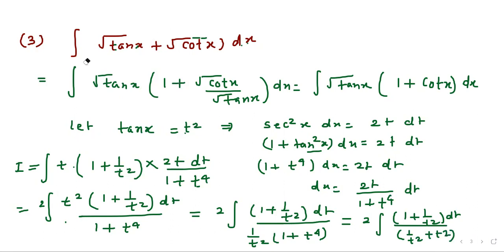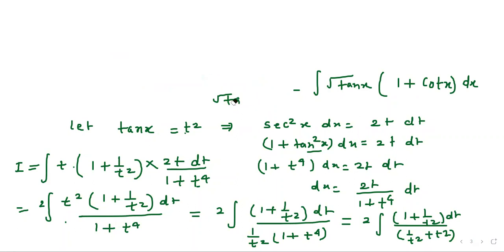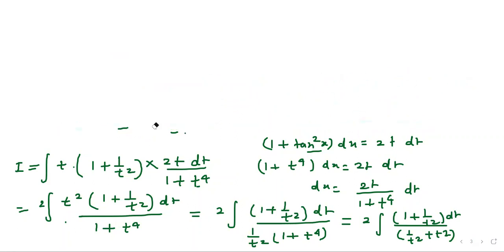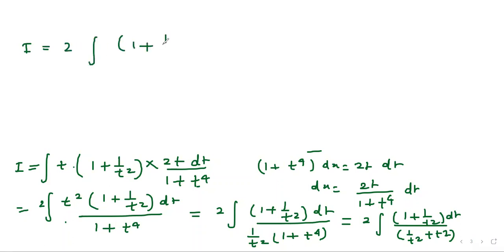Now we write it further. So it becomes I equal to twice the integration of 1 plus 1 upon t square dt divided by t square plus 1 upon t square.